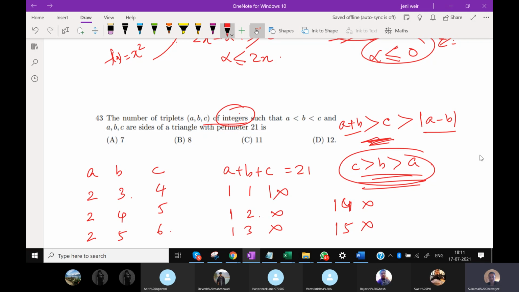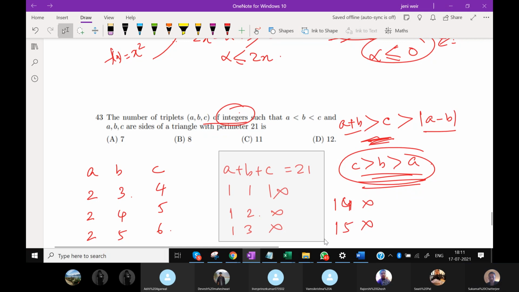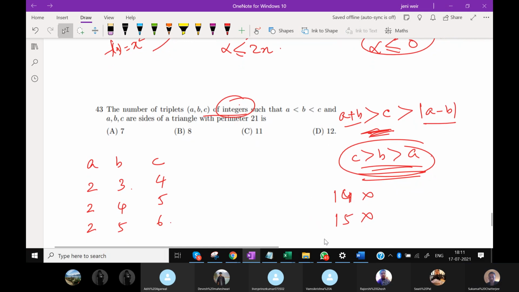Now that means if A is 2 and B is, sir, 10. 10 could be there. B is 10, right? So then C can take 12. No, so it should be 21.